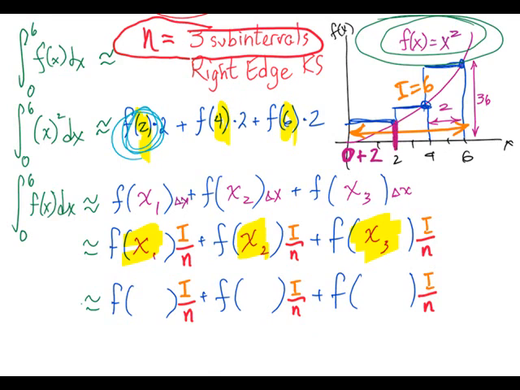So I'm going to put that in our notation. And how about the second x value? How did you determine that? Well, whether you were fully cognizant of it or not, you were taking the left edge of the interval and you were adding 2 plus another 2 to get to 4.